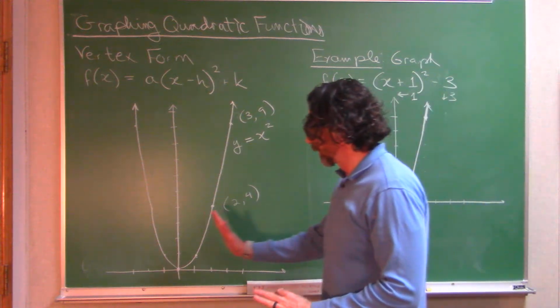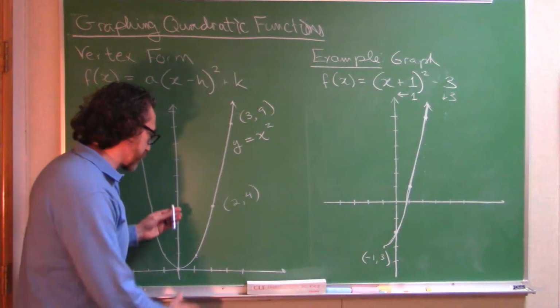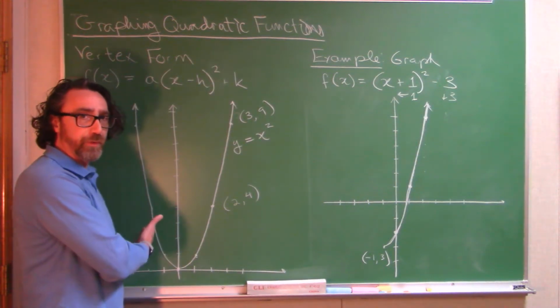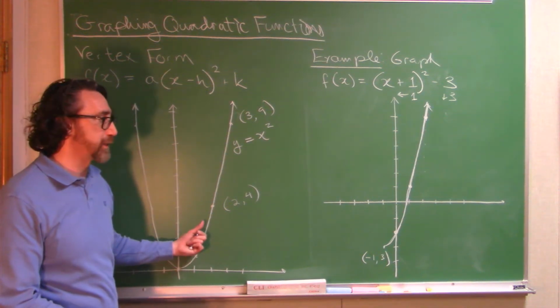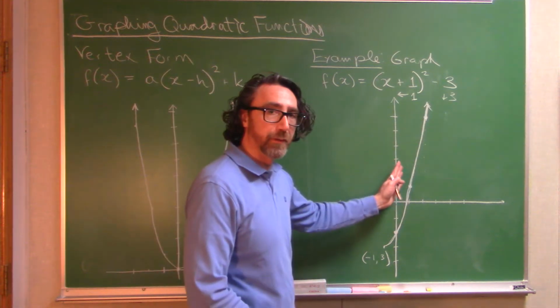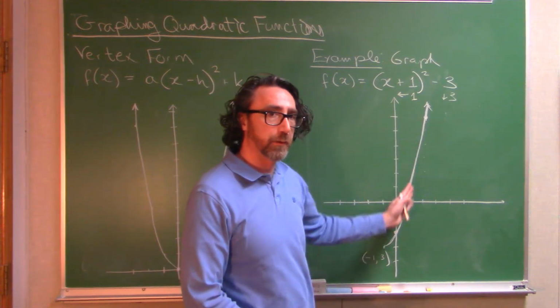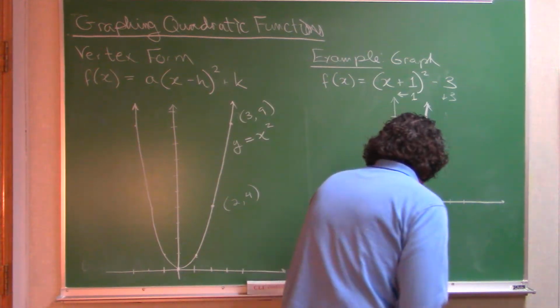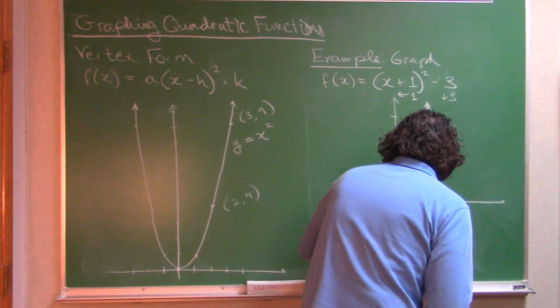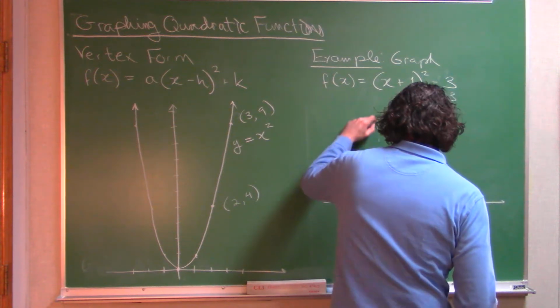All right, now, as you probably noticed over here, there is a certain symmetry to this graph. The left-hand side is a mirror image of the right-hand side. Now, of course, that's not going to happen across the y-axis in this picture, but it is going to happen across this line.